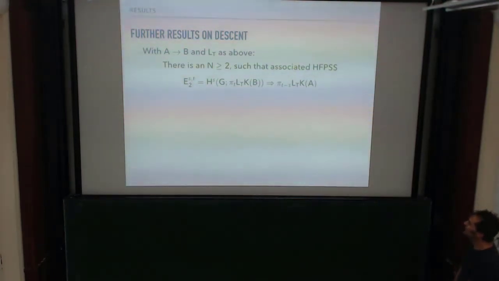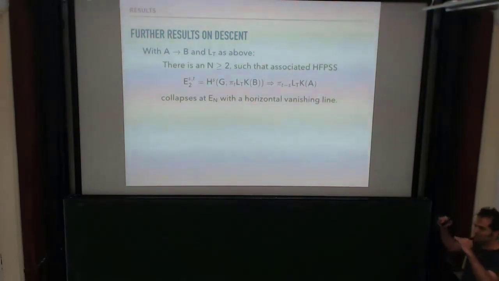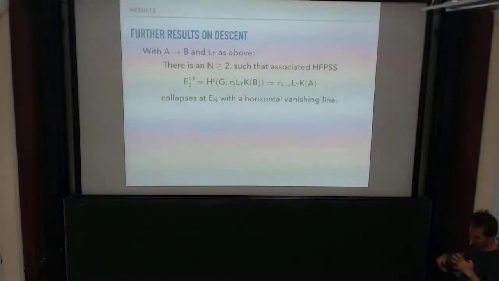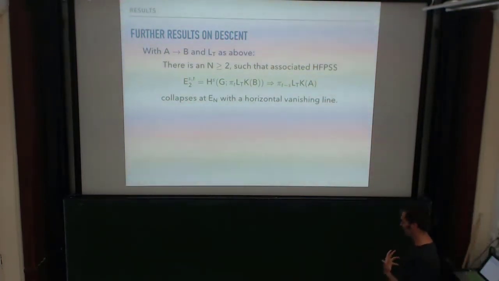And what's remarkable is that these spectral sequences always collapse at a finite stage. You don't have to keep chugging along. Moreover, if s is large enough, the groups will be 0 there. So there's really a finite horizontal vanishing line, which means, for example, your extension problems are finite. So it converges very rapidly.